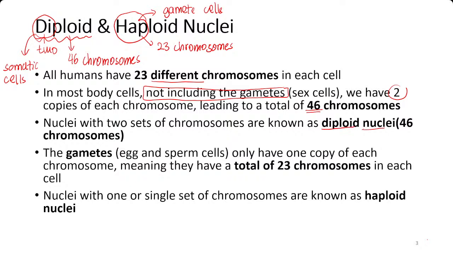The gamete, egg, and sperm cells only have one copy of each chromosome, meaning they have a total of 23 chromosomes in each nucleus. Nuclei with one or single set of chromosomes are known as haploid nucleus. It's important you add the single set, because this shows we are talking about the 23 different chromosomes that are there.